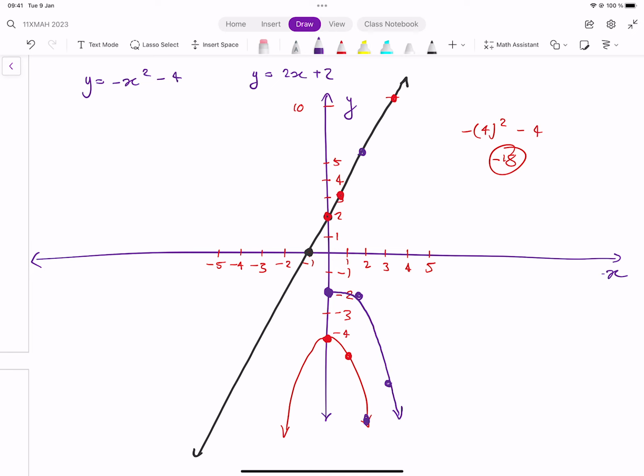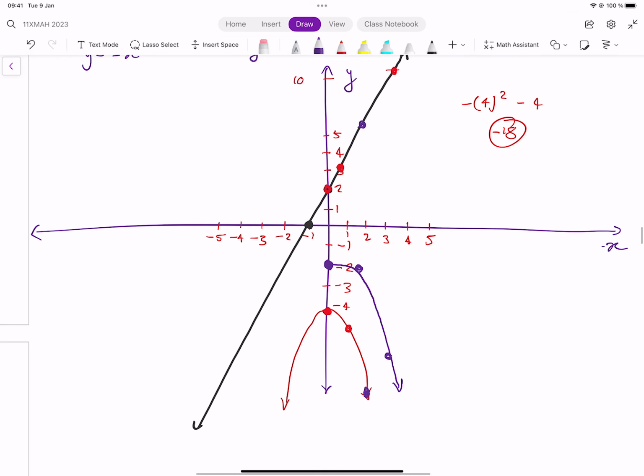The parabola, every single time you go up an x value, it exponentially is increasing the y value. So it's definitely going to trump the little straight line. So it's going to go down. And then the same thing's going to happen on the other side. It's going to be a bit more drastic.